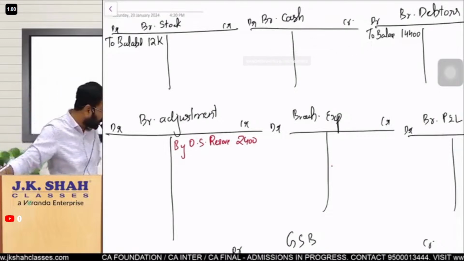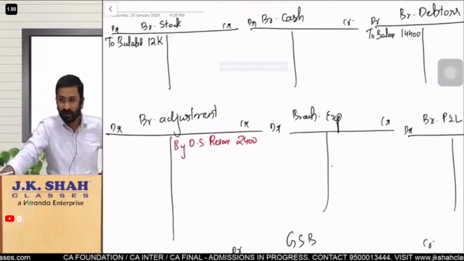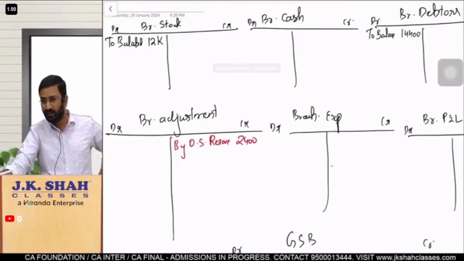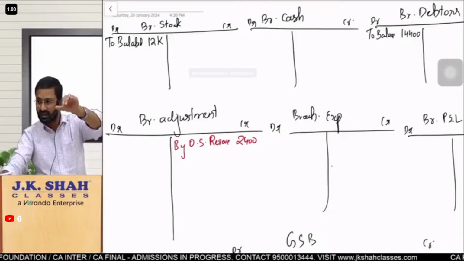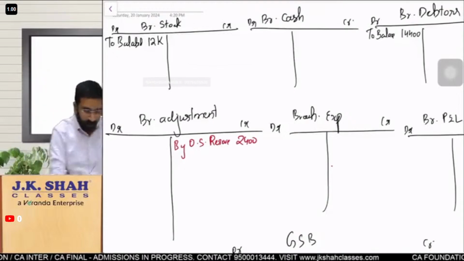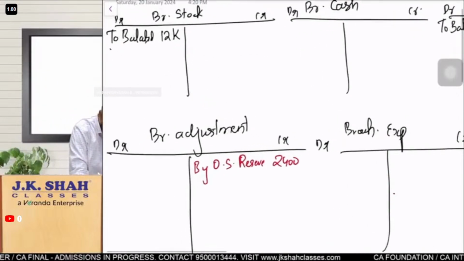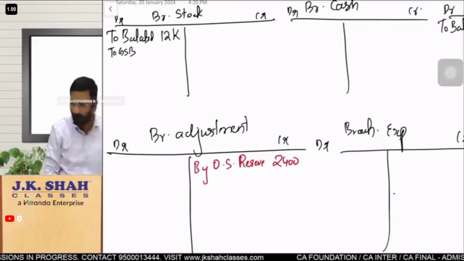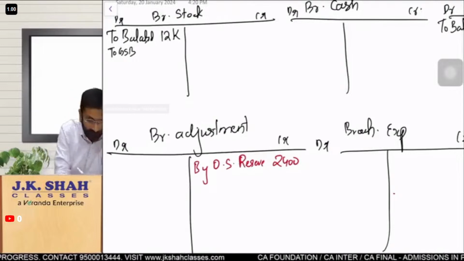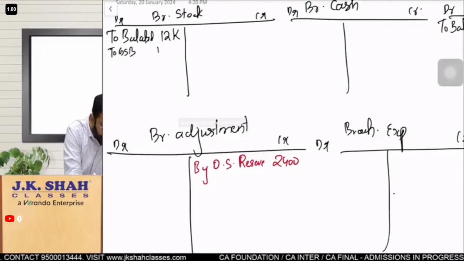First transaction: goods sent to the branch. Entry: branch stock to GSB, to adjustment. Can you tell me the posting in the branch stock account? To GSB, I'll write in the inner column. What is the cost? Cost is 96,000.